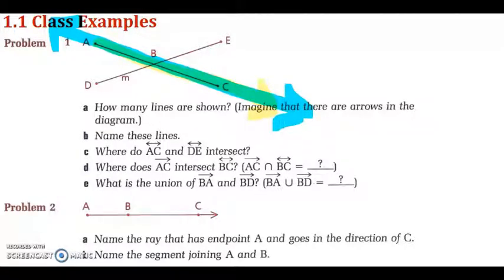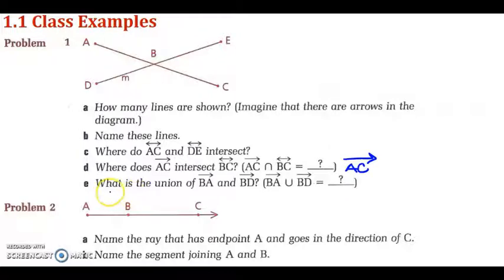So now where that overlap is, technically, is from this point and everything in that direction. So you could call it ray AB or ray AC.